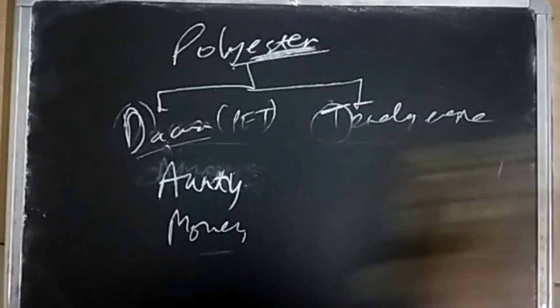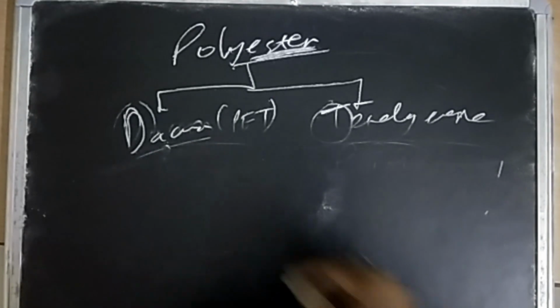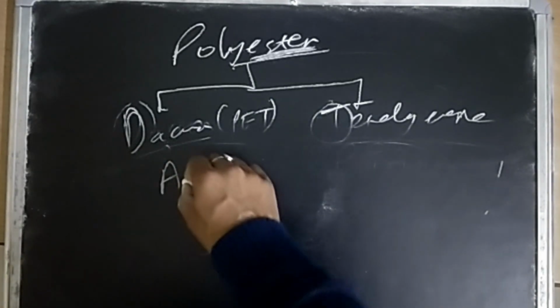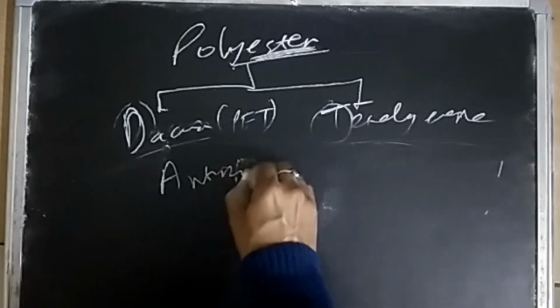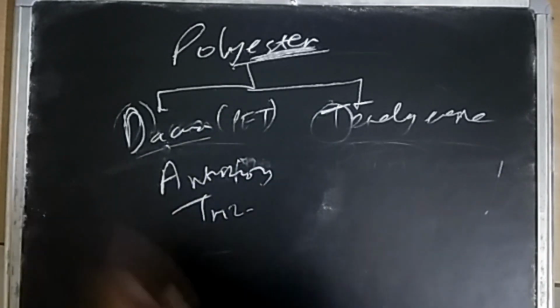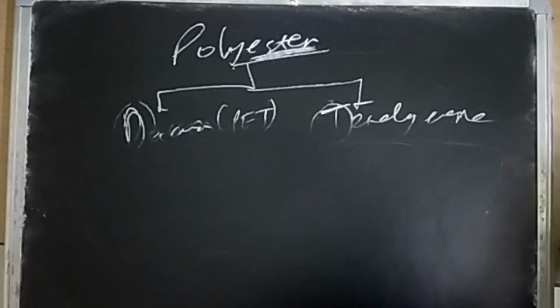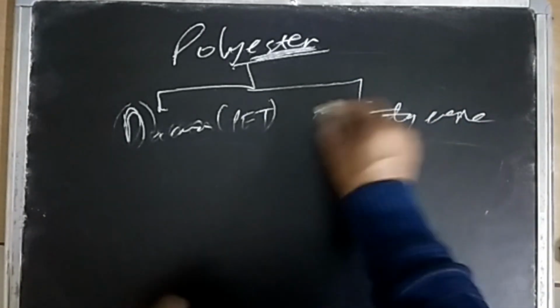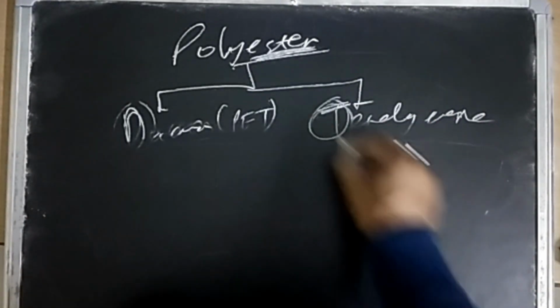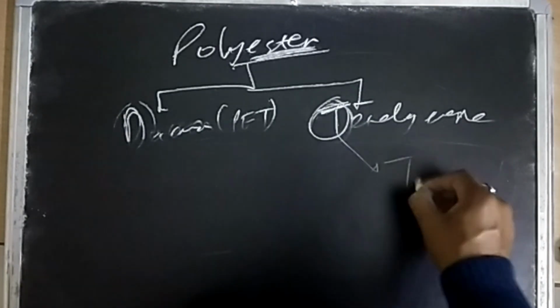The initiator is antimony trioxide. One way to remember is Dacron, apron, and ant. And here for Terylene, T for titanium oxide, we use titanium oxide.